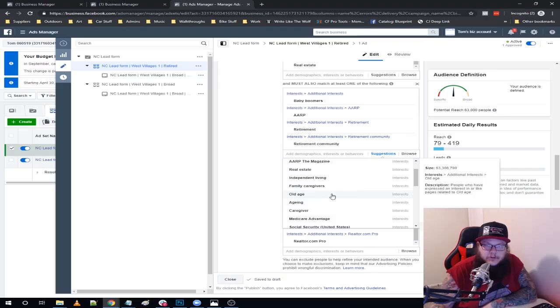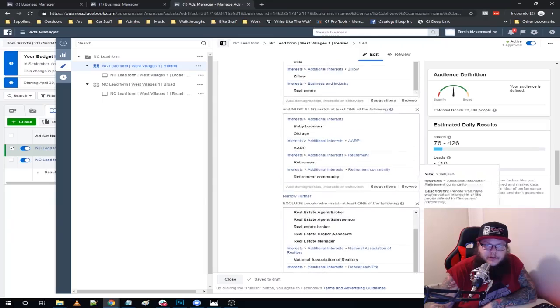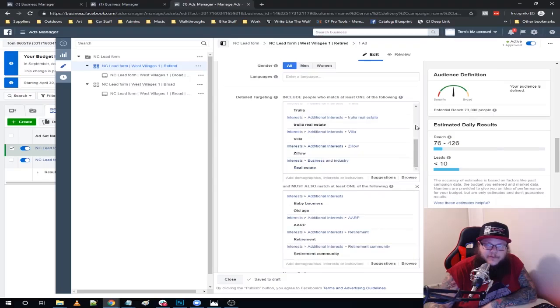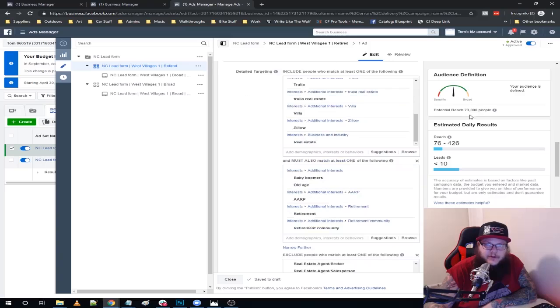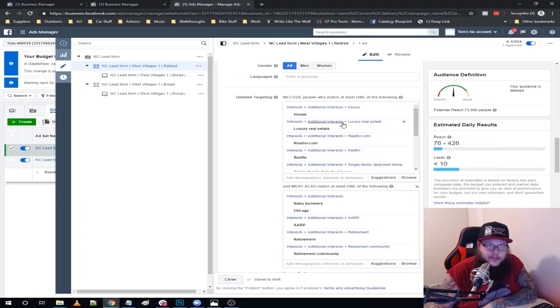Old age is 63 million. See, now we're at 73,000. So we went from 250K to 73K, but this 73K is going to be more aligned because it's definitely going to be retired people that are interested in this housing stuff.